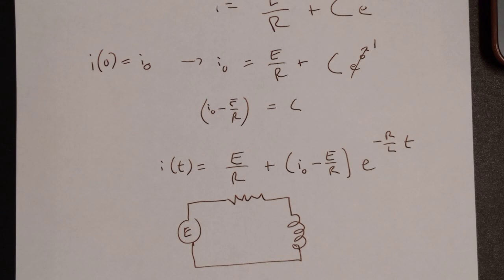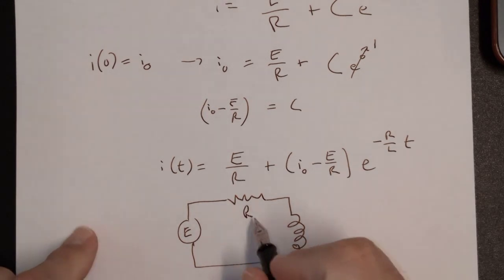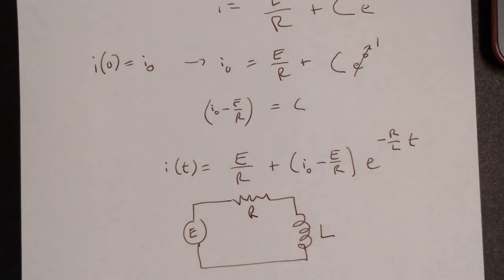So if you tell me how much current is in the wire when we start, you tell me the size of the battery, the power of the resistor, and the load, that's usually designed to be a filament like a light bulb. So I need to know this number, this number, this number, and how much current's in the wire when I start. And then you can tell me what the current is through this wire at any point in time.